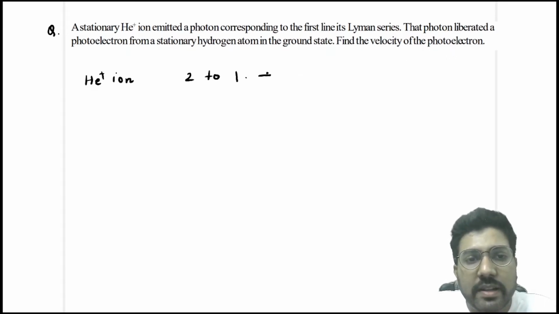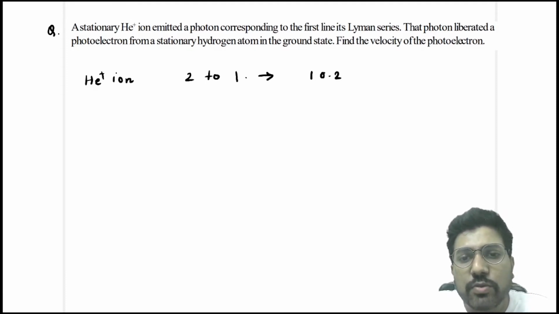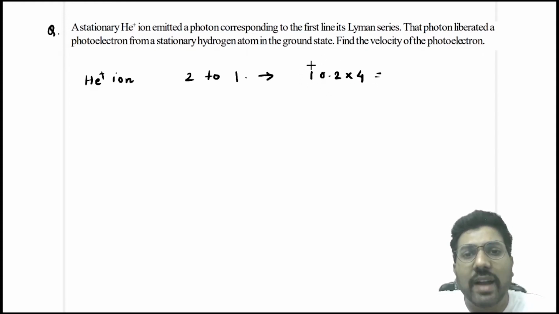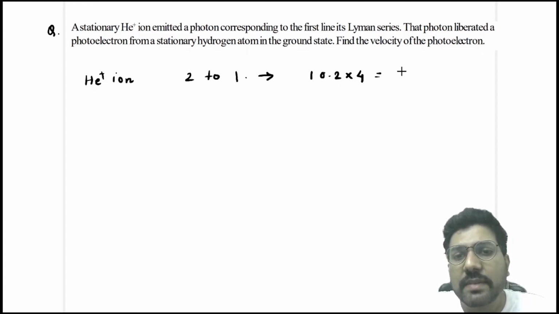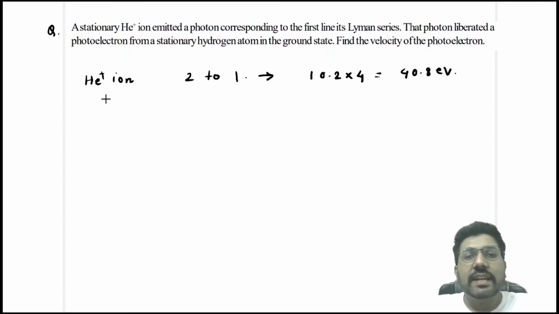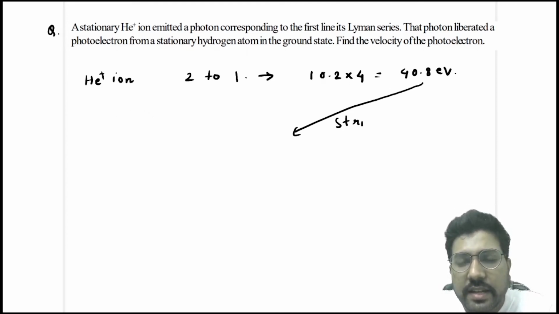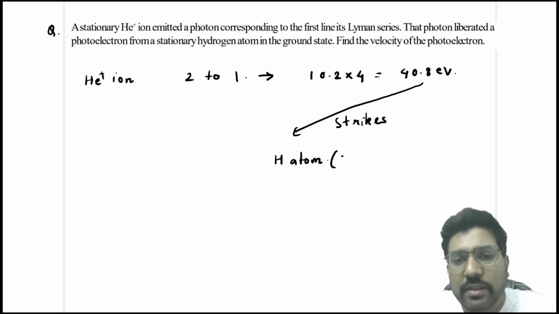So 2 to 1, that means the energy emitted is 10.2 multiplied by 4, or 10.2 multiplied by z square. 10.2 is the energy that is emitted for a hydrogen atom, multiplied by z square. So you will get 10.2 multiplied by 4 is 40.8 electron volt. So this is the energy emitted. Now this energy strikes a hydrogen atom, that too in ground state.